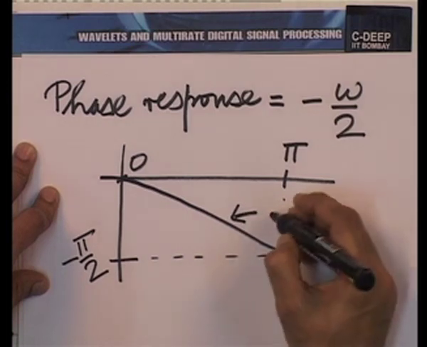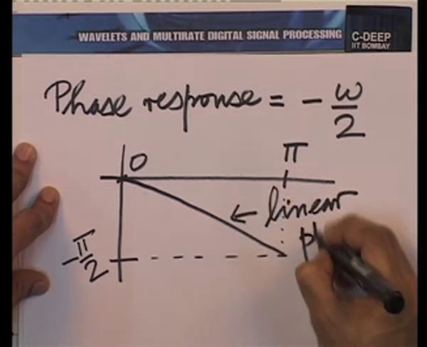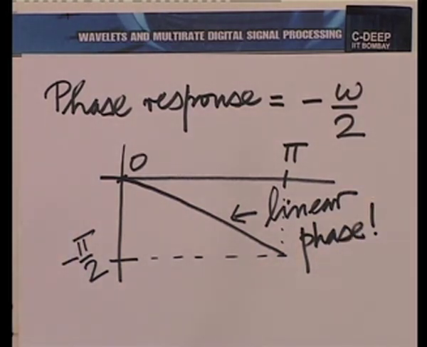So, in fact, you get what is called linear phase. Now, linear phase is something very attractive in discrete time signal processing. In fact, one of the reasons why people go to discrete time signal processing from analog signal processing is because you can get linear phase.